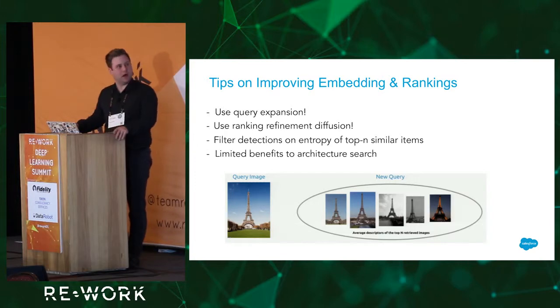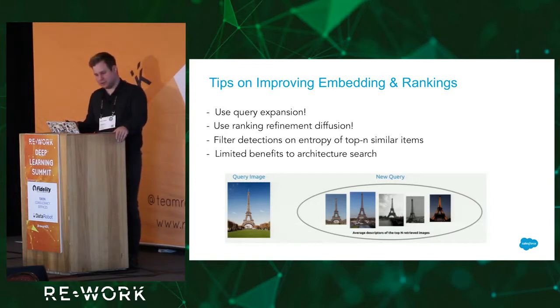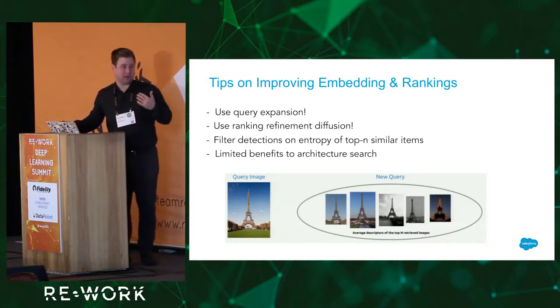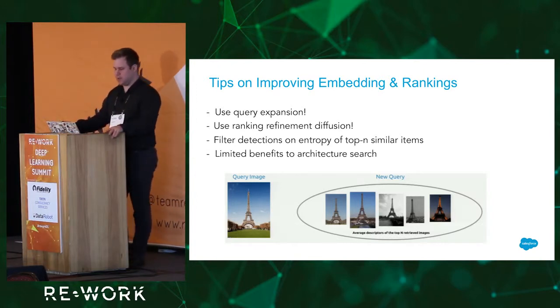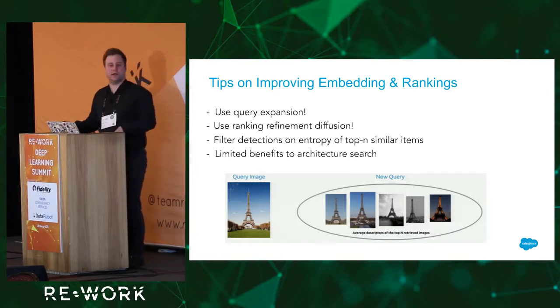Another thing that helps is to use something called diffusion on graphs. This is a new technique, and it basically involves building a network, a graph of your images, and then back-propagating relevance labels into your graph. It uses a pairwise affinity matrix.